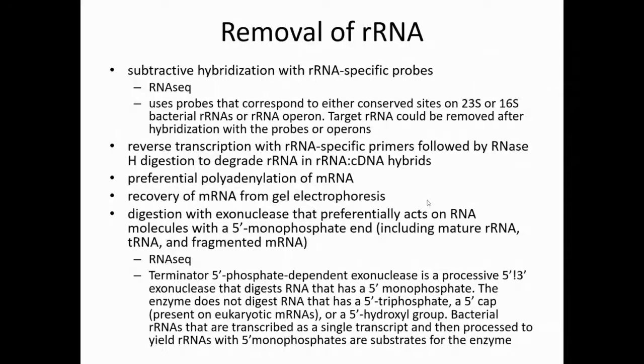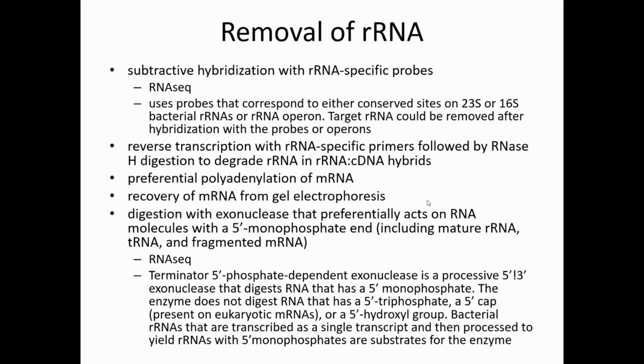And then another method to purify the messenger RNA is to remove the ribosomal RNA, okay? To eliminate the ribosomal RNA, there are many methods that can be used. So for example, you can use subtractive hybridization with ribosomal RNA specific probes, or reverse transcription with ribosomal RNA specific primers, followed by RNase H digestion to degrade the ribosomal RNA in the ribosomal RNA-cDNA hybrid.